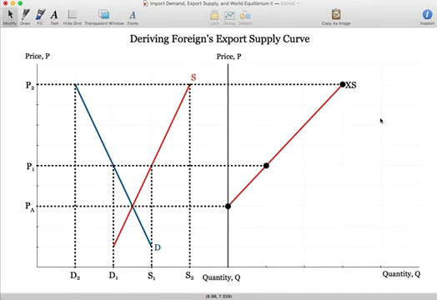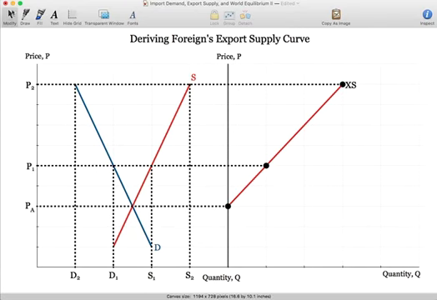But as the world price migrates upward, we can see that in that marketplace, domestic supply is going to exceed domestic demand, and that is going to give us the quantity that is supplied in the export market. And as we see, as the price migrates upward, the quantity of export supply increases.